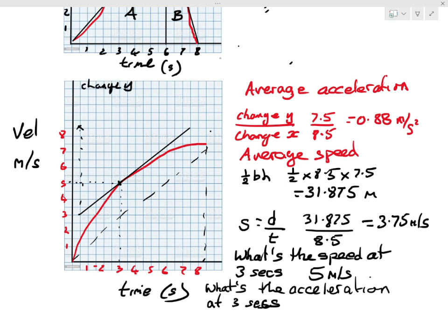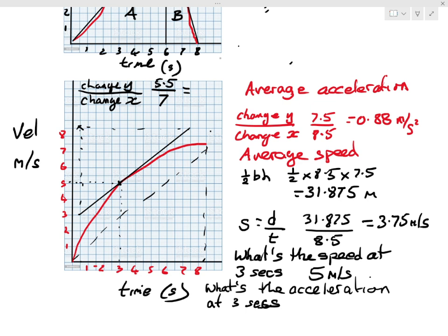So the change in y over the change in x. So from 3 to 8.5 is 5.5. And from here, which is 0.5, all the way over here, which is 7.5, is 7.